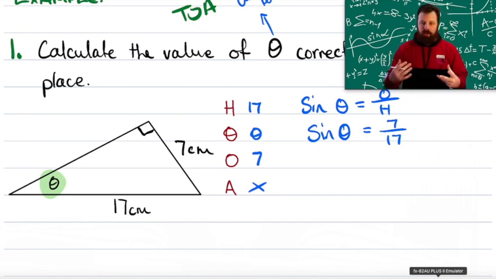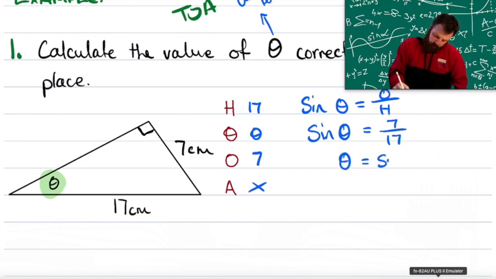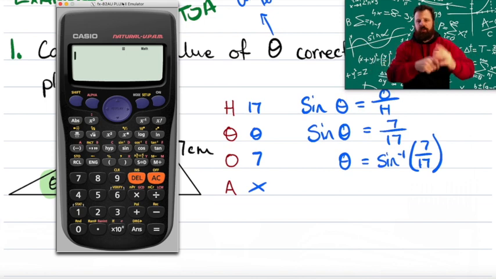So to find our unknown angle, what we want to do is get sine and bring it to the other side. So theta is going to equal what we call inverse sine, and remember that is shift sine on our calculator, of 7 over 17. So now I've dragged out my calculator.